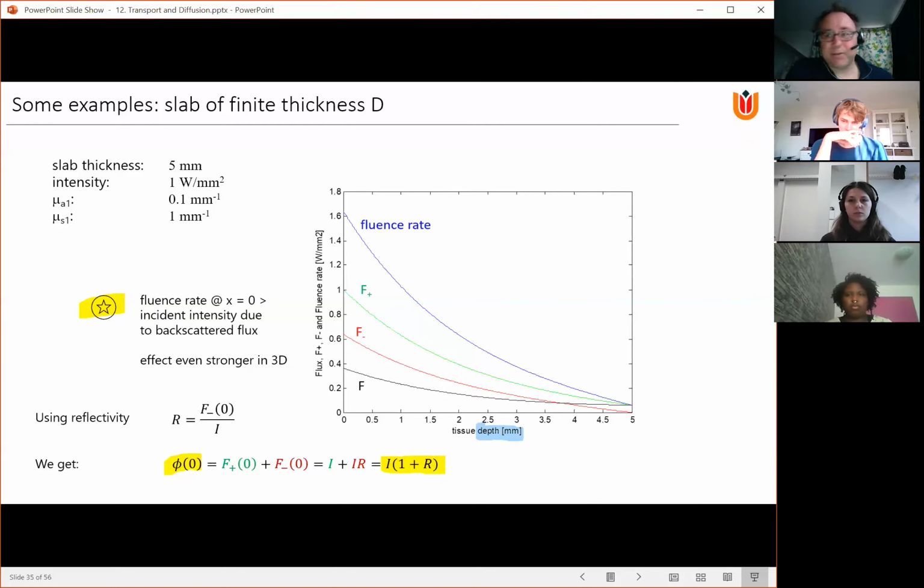If you have some kind of second probe or second fiber next to the one that you want to do your therapy with, for example, you can first measure the reflectivity of the tissue, and if you know that, then you can account for that effect. So it actually turns out quite nicely.